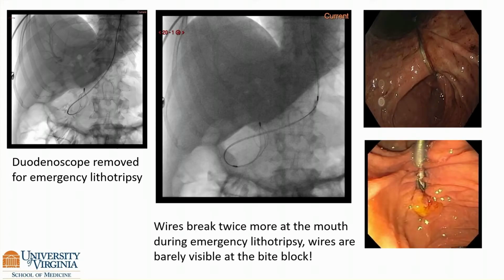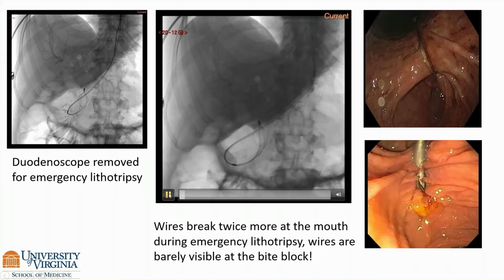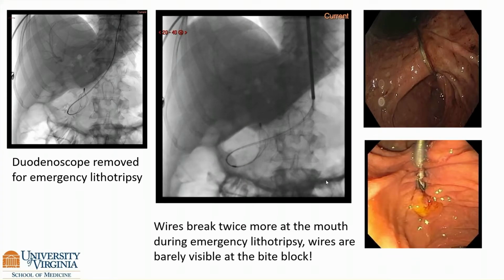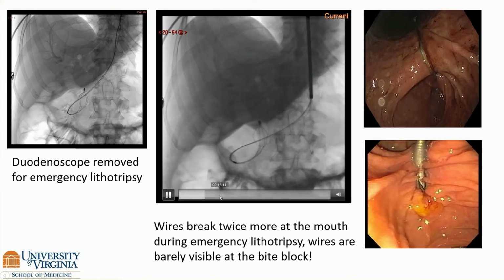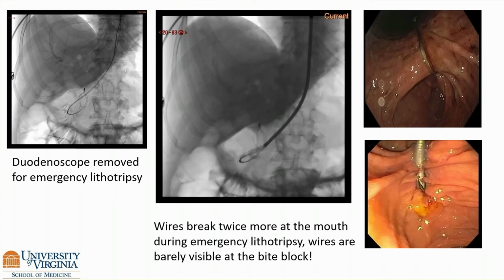Then, kind of in traditional fashion, we removed the duodenoscope. We put the emergency lithotripter on it, and here you can see us passing the metal sheath through the stomach into the duodenum. And actually on 2 separate attempts in doing so, the wires broke again at the mouth.